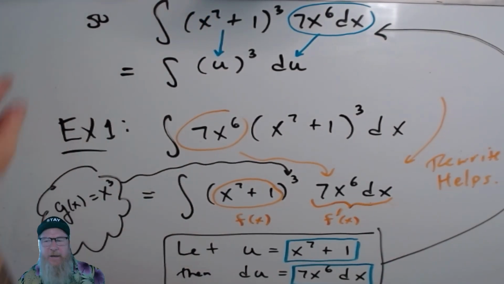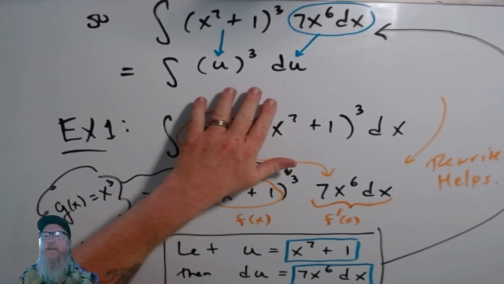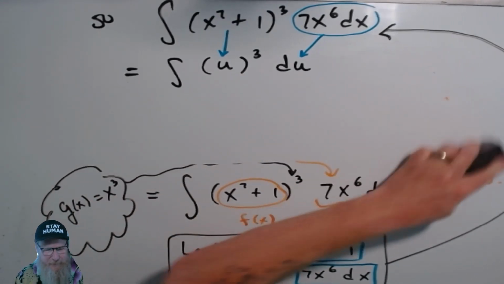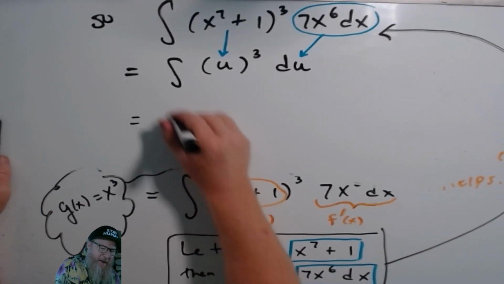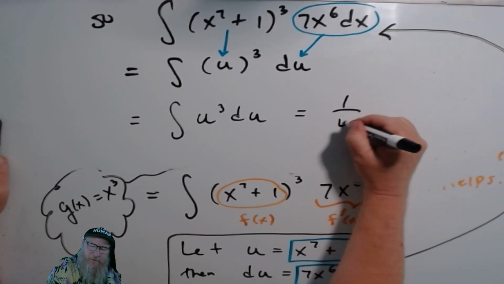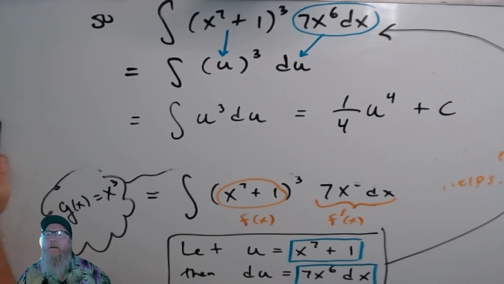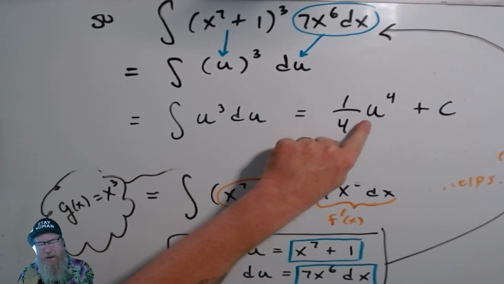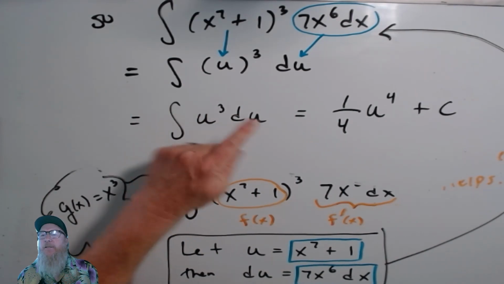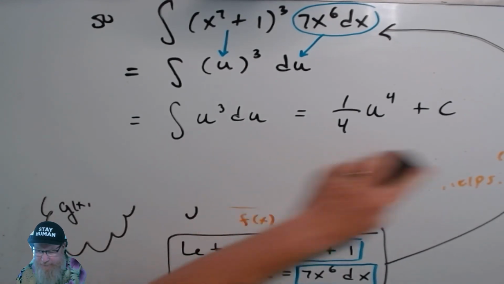And I hope it's clear to the person watching this video that this integral is now very simple. I actually would get rid of the parentheses, and then I would use the power rule. You could also write it as u to the 4th over 4. But remember the power rule for exponents, you just add 1 and then divide by the new power.